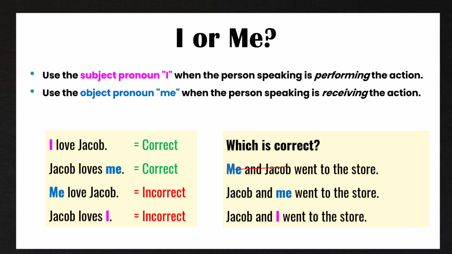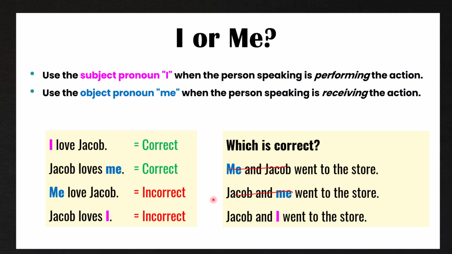This is incorrect and this is incorrect. And that's because we have to use the subject pronoun I because the person speaking is performing the action. I went to the store. And again, Jacob and I come before the verb. So we have to use the subject pronoun I. We don't use the object pronoun.